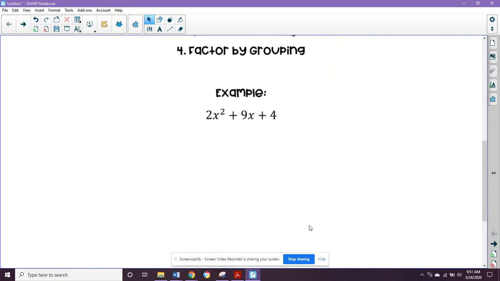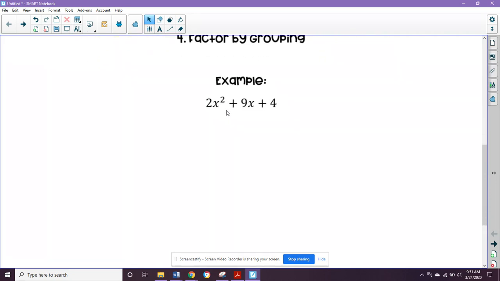We have 2x squared plus 9x plus 4. So we have to multiply a and c. 2 times 4 is 8. So we need to find factors of 8. Our factors of 8 are 1 and 8, and 2 and 4.